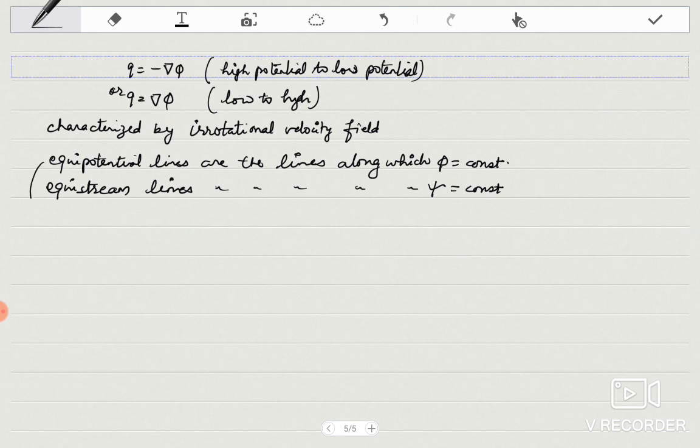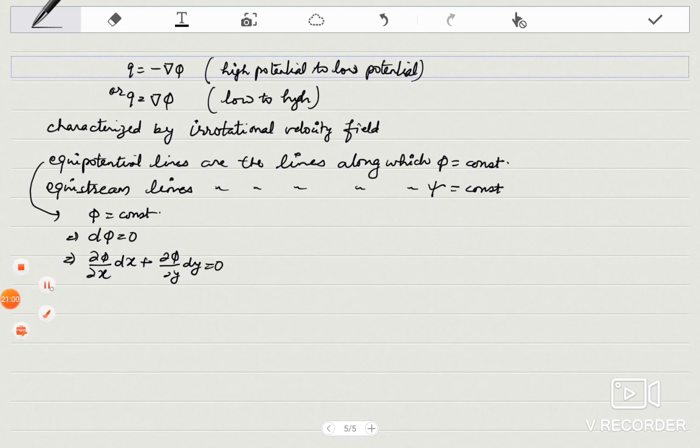And for an equipotential line, since phi is equal to constant, this implies d phi is equal to 0, that is, partial phi by partial x dx plus partial phi by partial y dy is equal to 0.